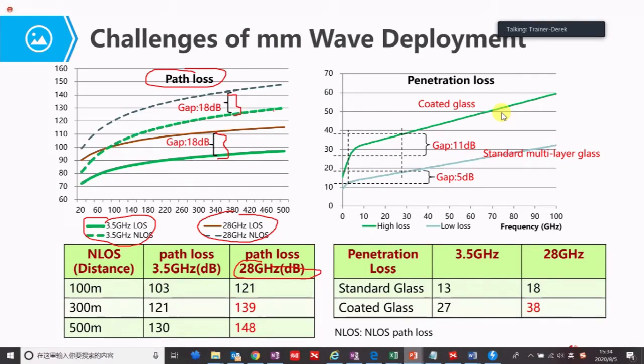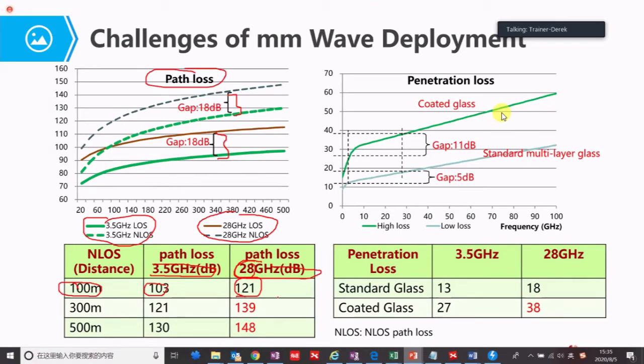So the coverage of millimeter wave will be very weak, for 100 meters. For 3.5 gigahertz it is 103 dB, but for millimeter wave it's higher, so the path loss is higher. So millimeter wave will be used for some special scenarios, like hotspots, CPE, FTTH, FWA, or the cell back home in some scenarios.